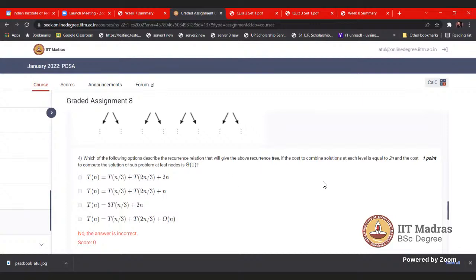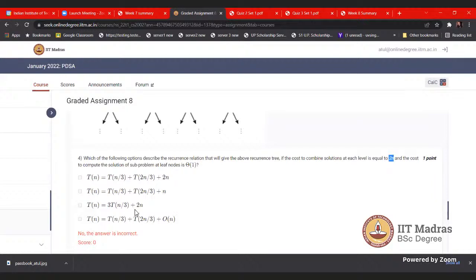In the problem statement it is given the cost to combine the solution at each level. You have already seen the merge sort algorithm; we discussed it before. The cost of combining the solution at each level is 2n actually.